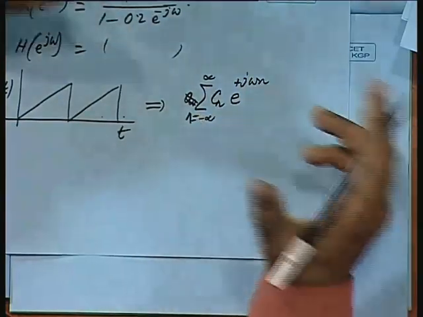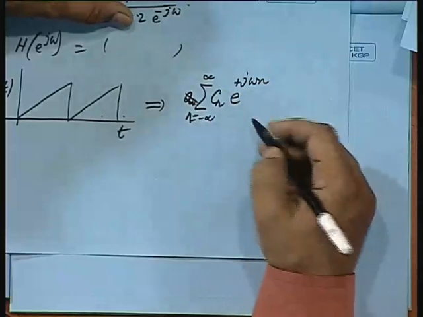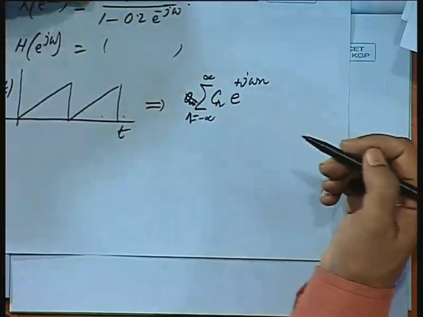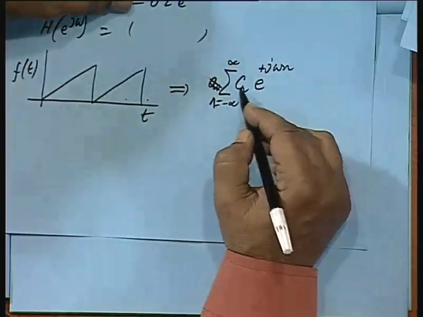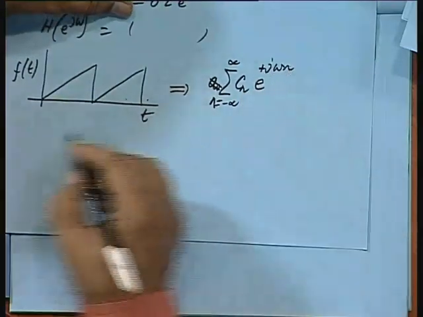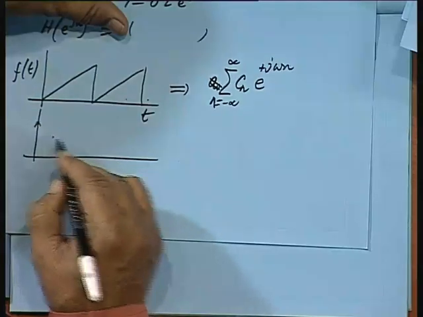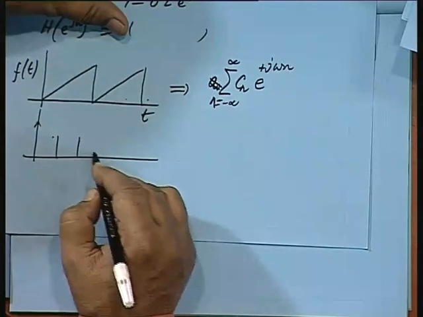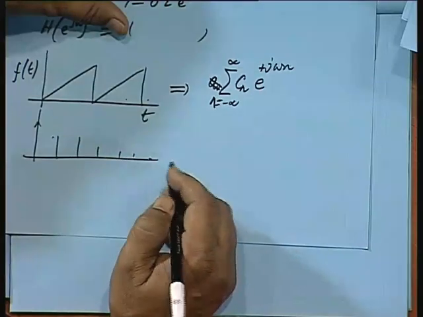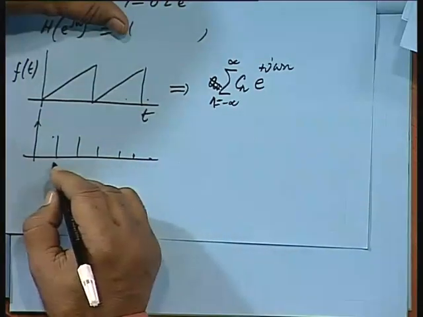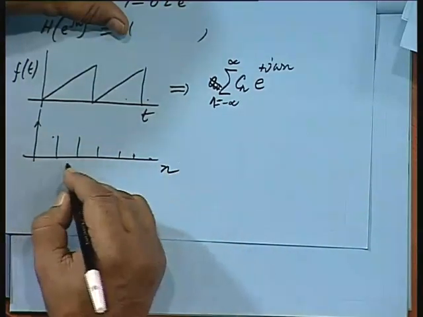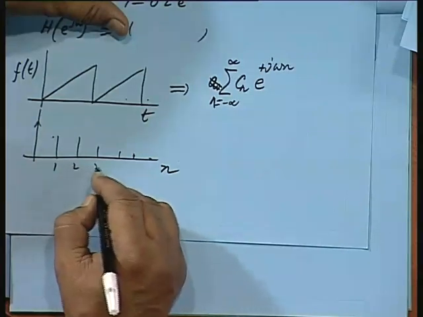If you combine together and then write in the complex form, it will be like this. So, Cn e to the power jωn, and we get lines, these are called harmonics. I can just number them n, harmonic number 1, 2, 3, 4 and so on. These are the frequencies present.